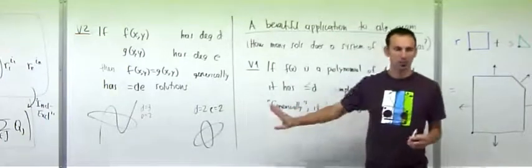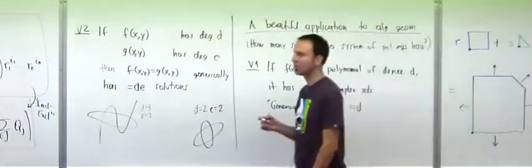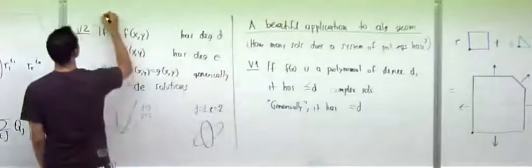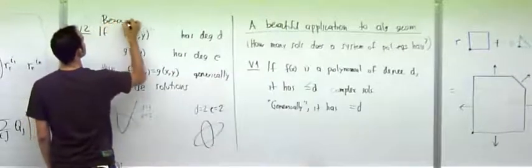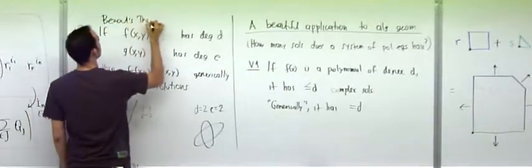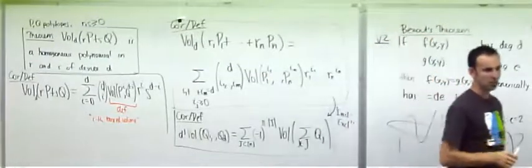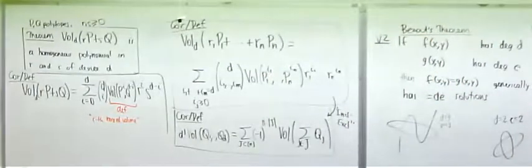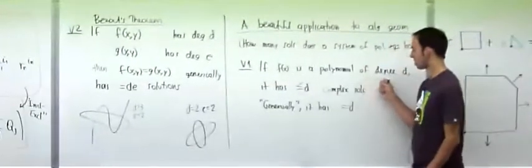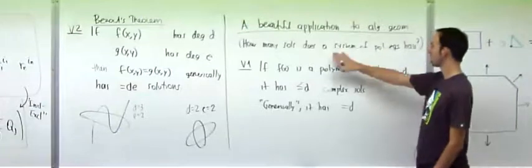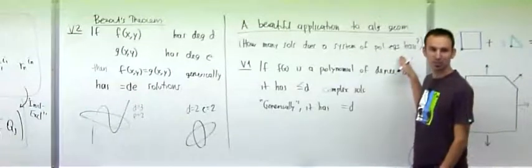Now, is this obvious? Very much not obvious. This is a very nice theorem. It's called Bézout's theorem. It's one of the first theorems in counting solutions of polynomial equations. Now, a point that is very important is that this question is impossibly difficult. How many solutions does the system of polynomial equations have?